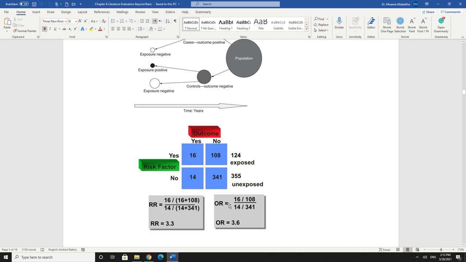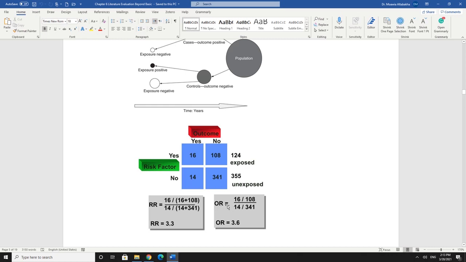And the reason they call it odds ratio is they try to answer the following question: what's the odds of having cancer and being exposed, to the odds of having cancer and not being exposed? That's why they call it odds ratio.